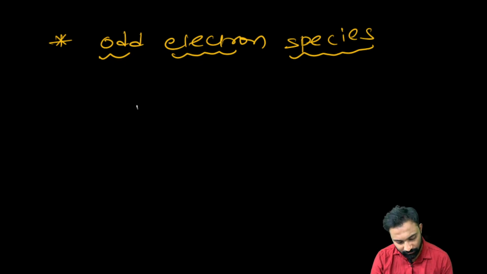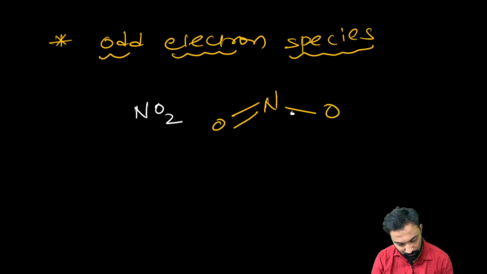Now if you take NO2, nitrogen has one covalent bond with oxygen, and here is the double bond to O, and it has one electron. Now this is one odd electron present on the NO2.